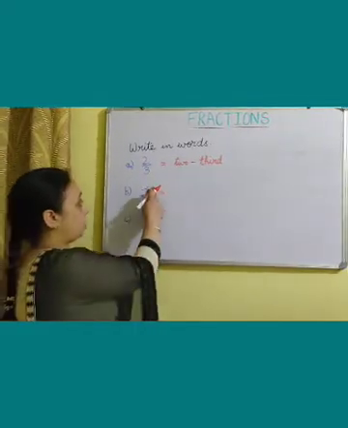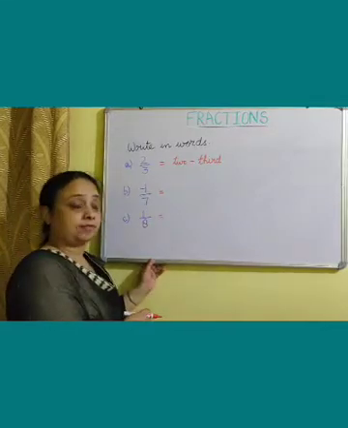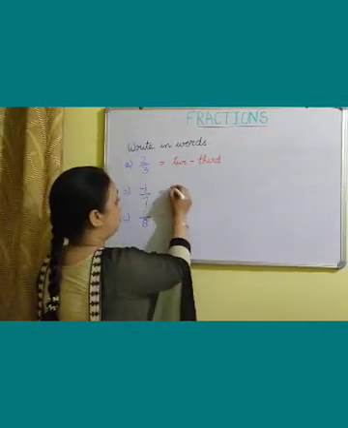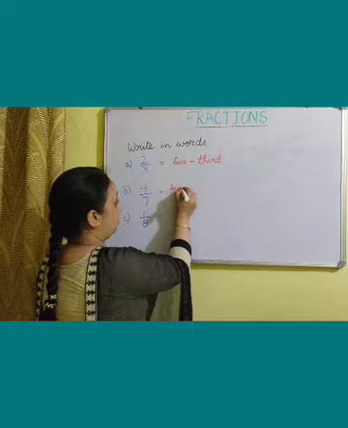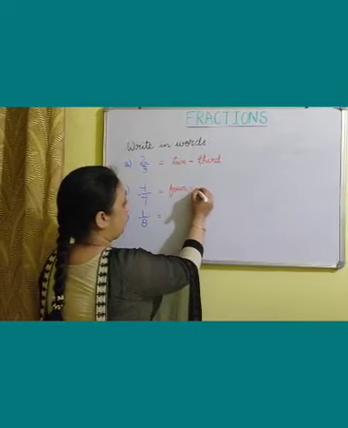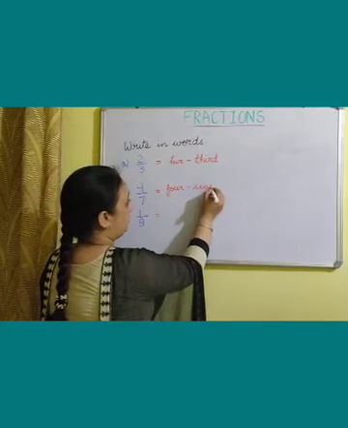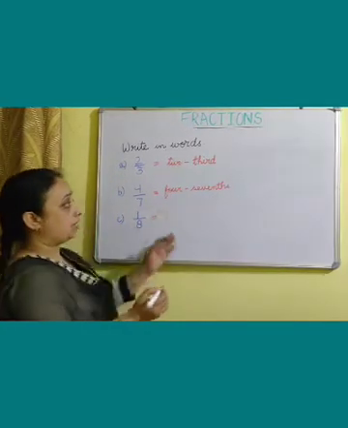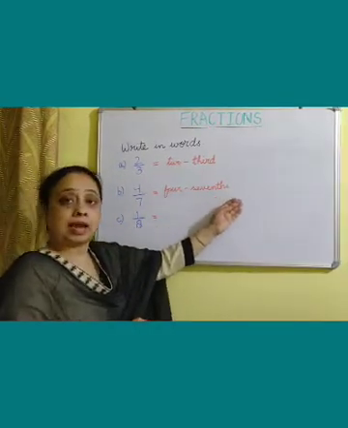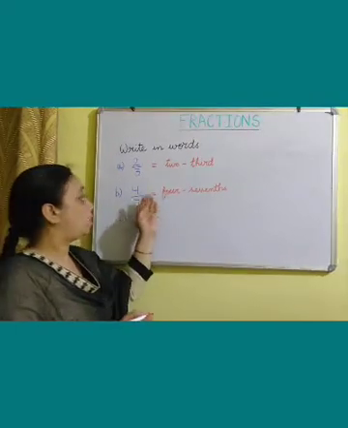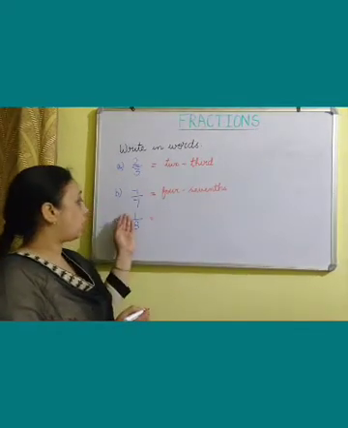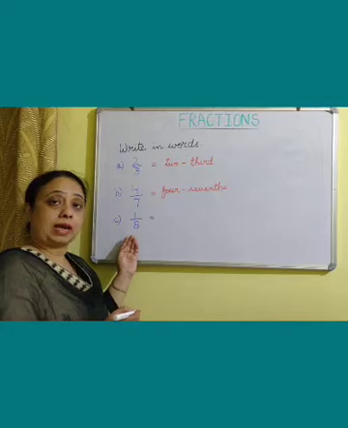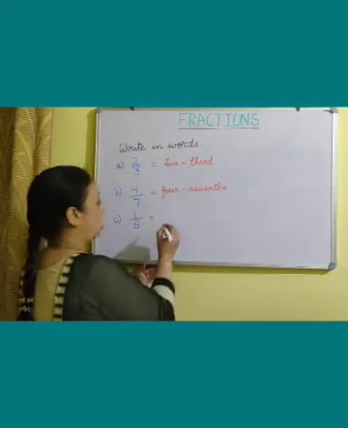Then you have to write 4 upon 7 in words. How will you write? First you will write 4, then put a dash and write sevenths. Then you have to write 1 upon 8 in words. So how will you write?